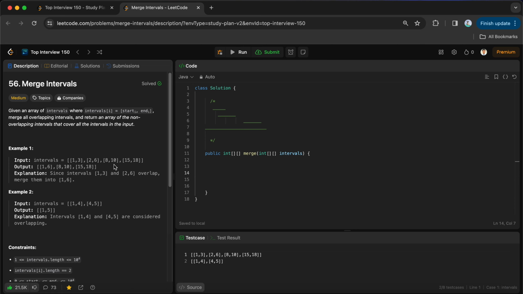When we generally think of sorting behavior, we want some consistent behavior: after sorting, the smallest part will come to the left side and the greater part of the array will come to the right side. So in this way we can compare the neighbors and say whether the intervals are overlapping. But here the problem is that we have two values in each interval, so on which basis, on start point or on end point, can we sort?